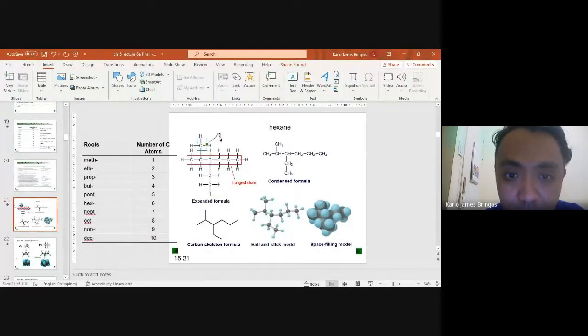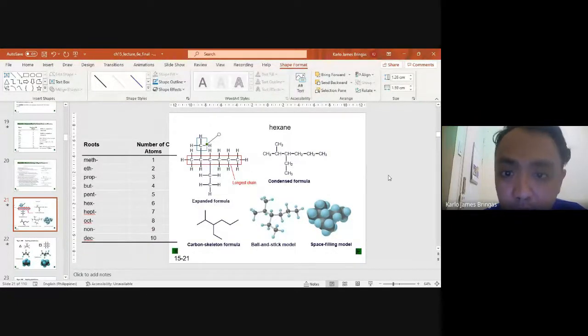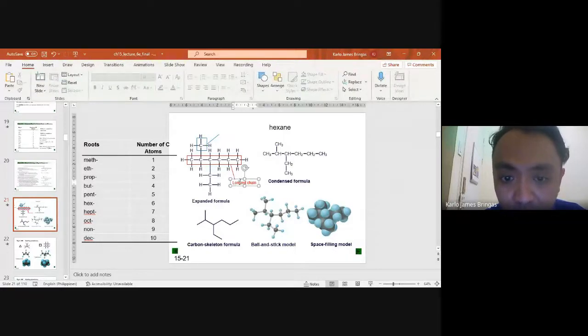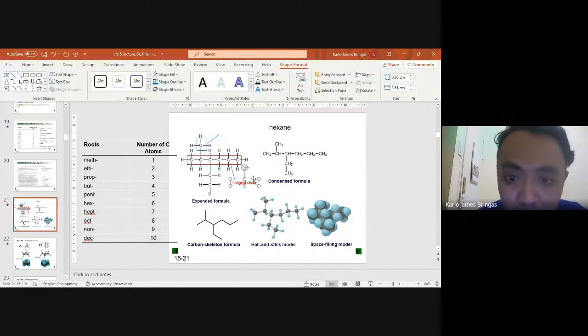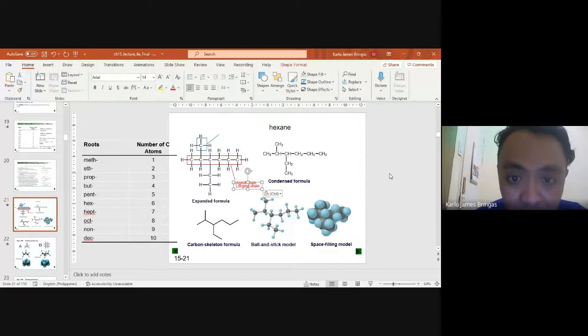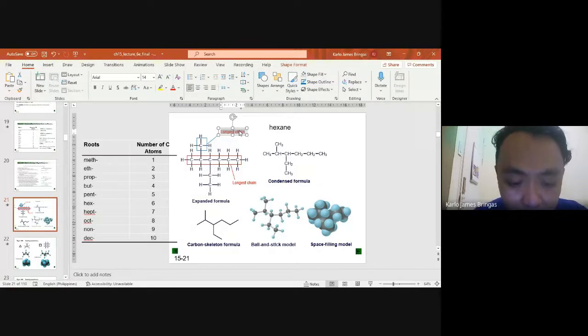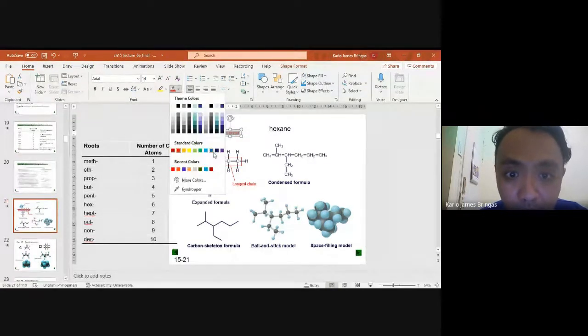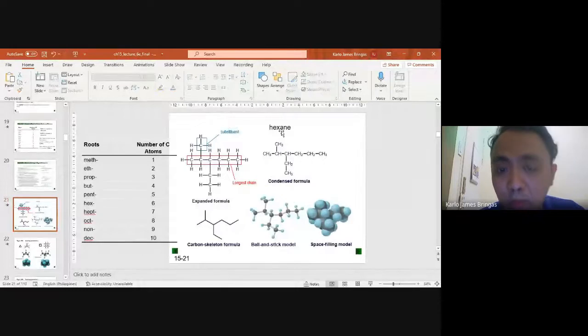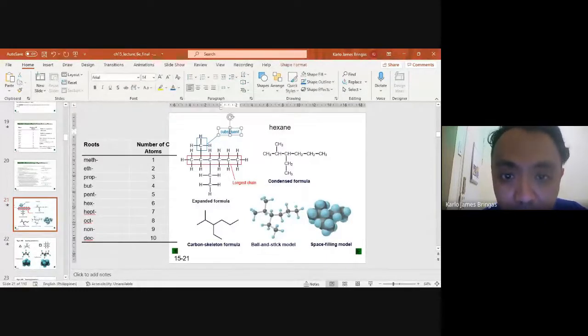It is called a substituent because instead of hydrogen in the normal hexane, this carbon substituted for that particular hydrogen.